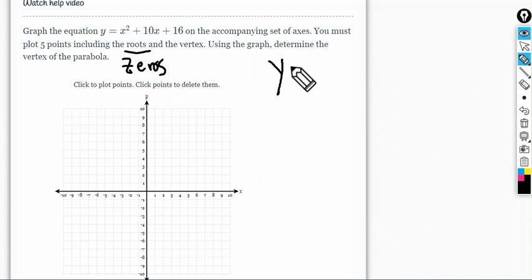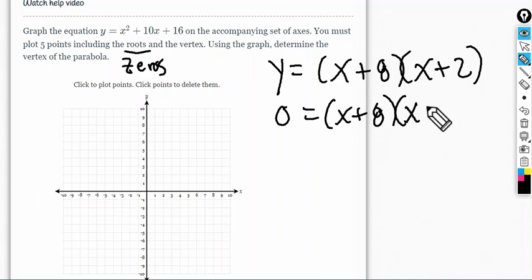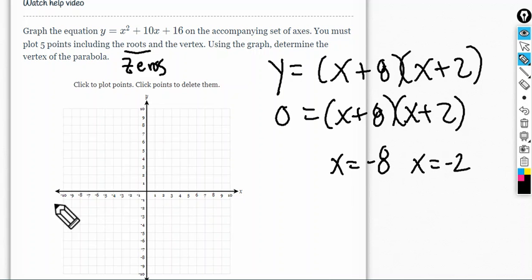So y equals, this one just multiplies to positive 8 and positive 2. So the zeros, that's what solutions and roots are, which is solving by factoring. So I get negative 8 and negative 2.